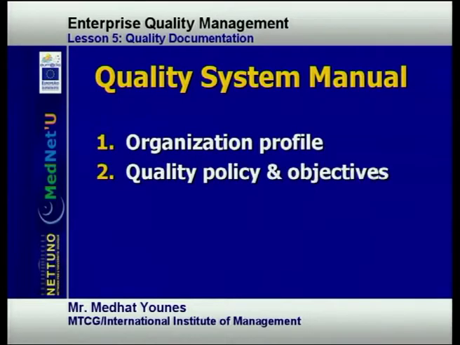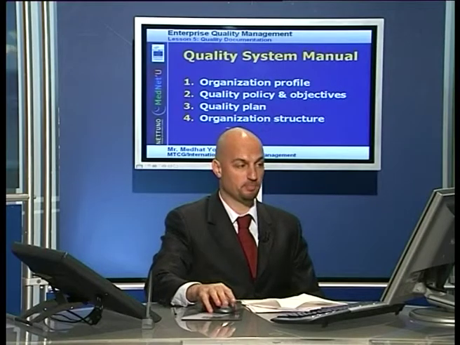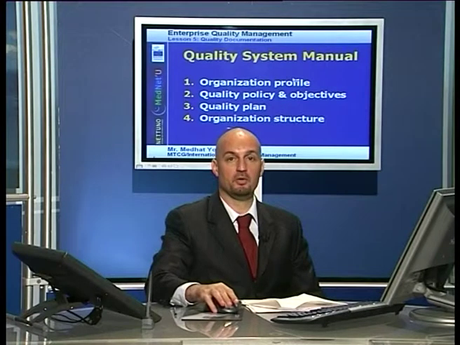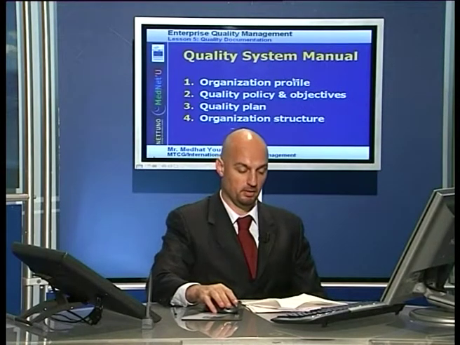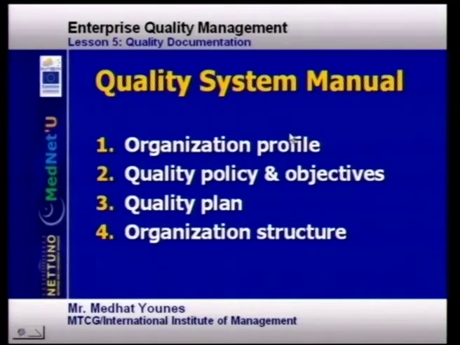The quality system manual consists of minimum of 11 elements or areas, or chapters or sub-documents, as you would like to call them. The first one is the organization profile. The organization profile contains a description of the organization mission, background profile, services, and product portfolios.